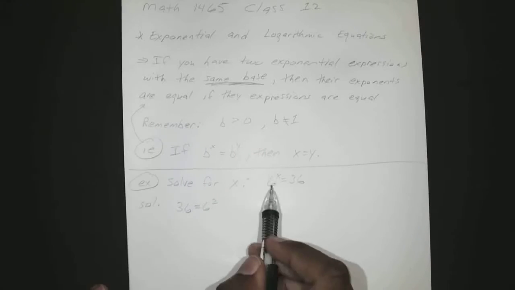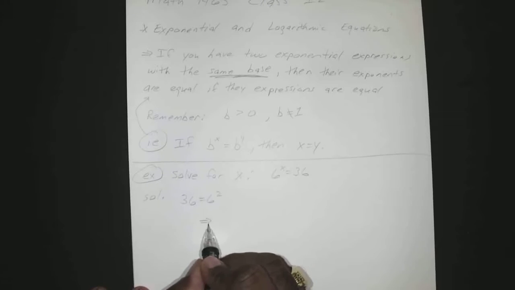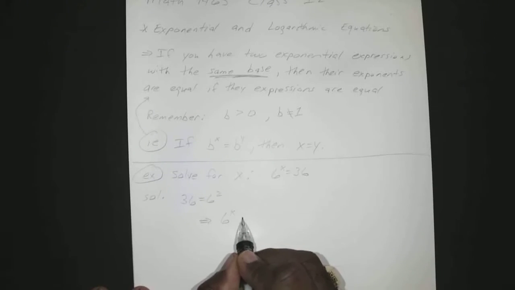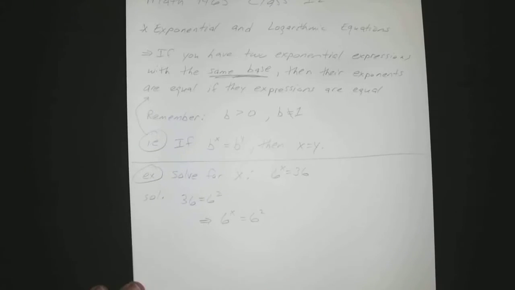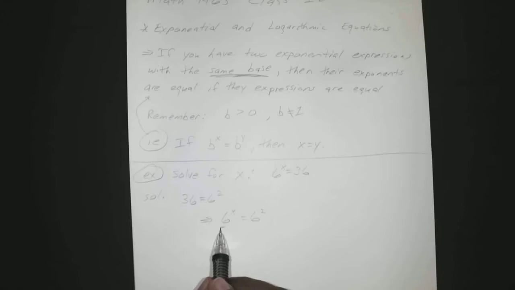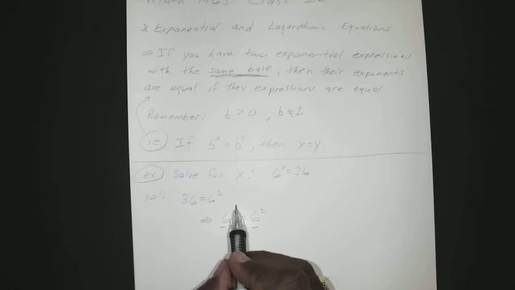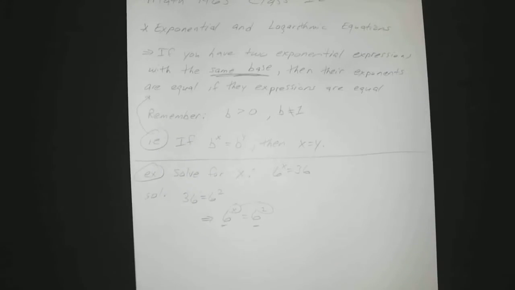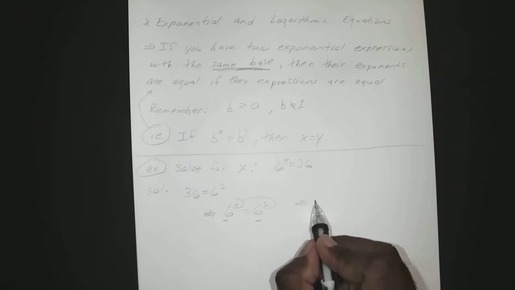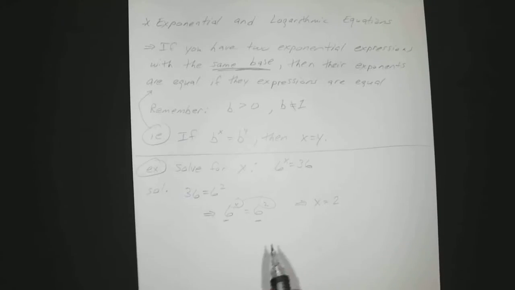So that means we can rewrite this as 6^x equals 6 squared. Now your bases are the same, which means for this to be true, your exponents have to be the same. So that means that x is equal to 2.